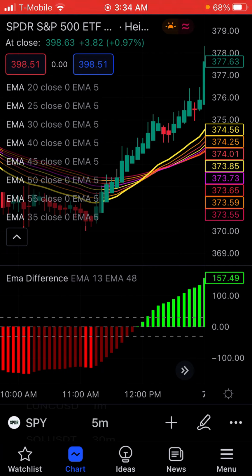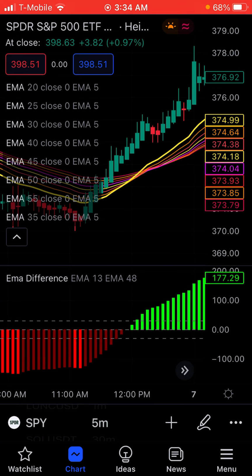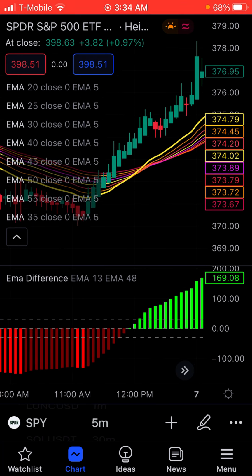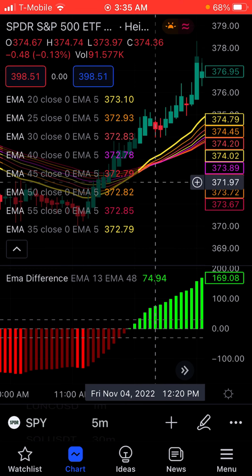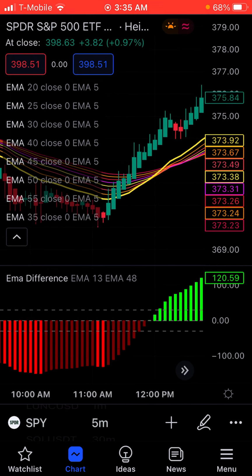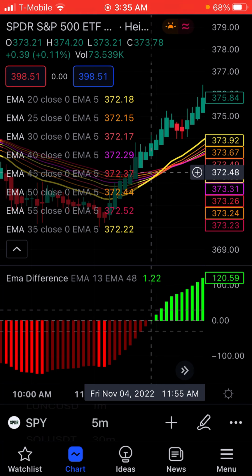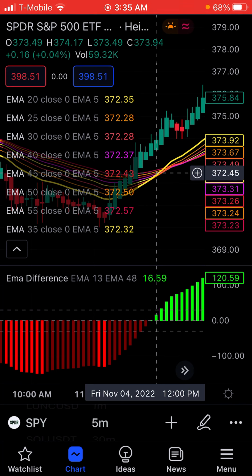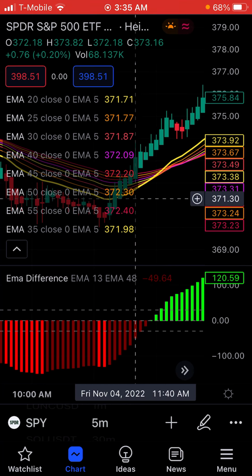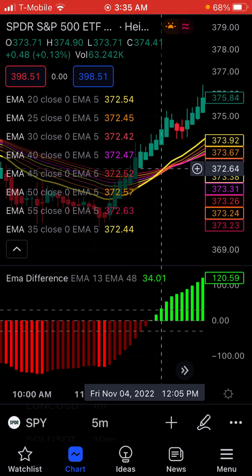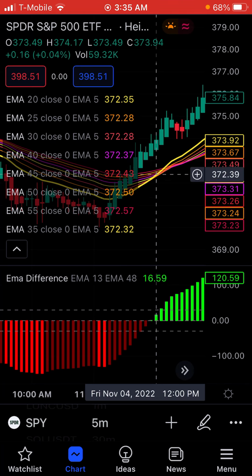You want to follow the 20 EMA, and you want to wait until that 20 EMA has at least crossed, had a collision, all the way up to the 55. So the 20 EMA has got to collide with the 55 EMA all the way up.